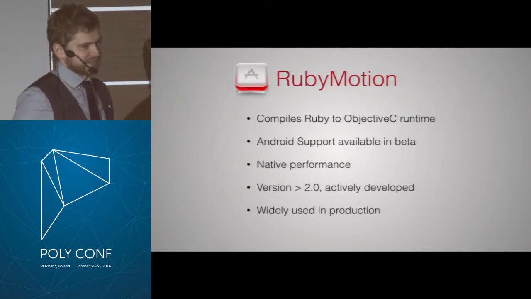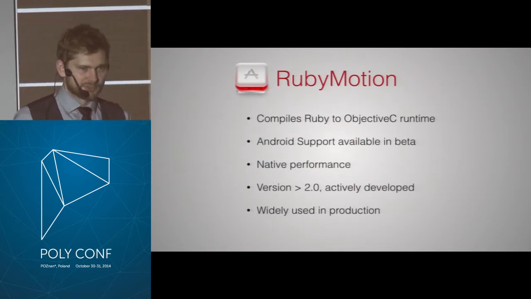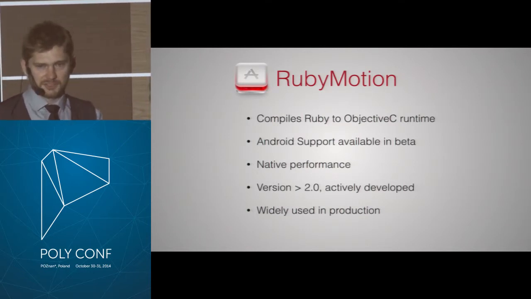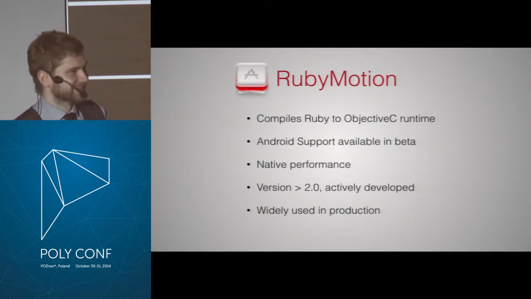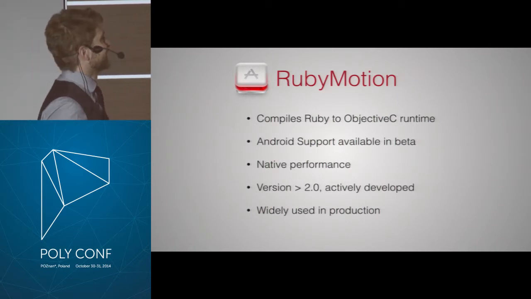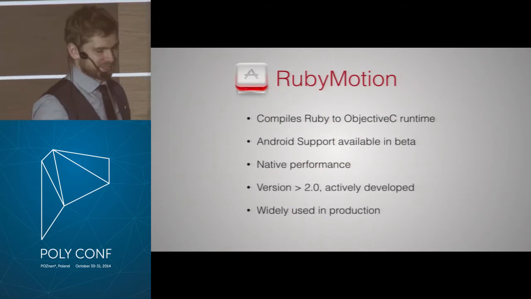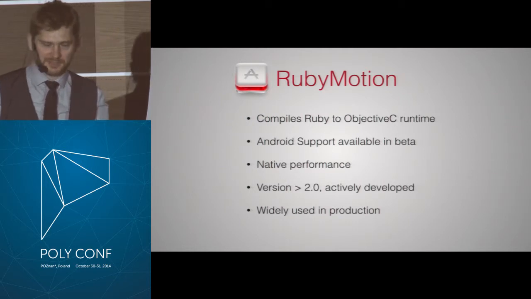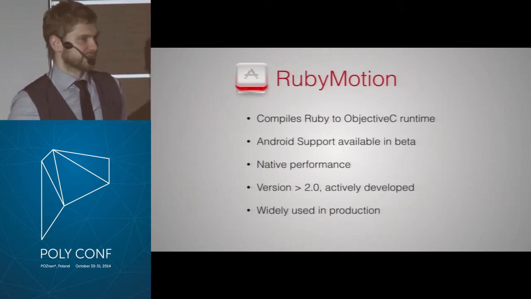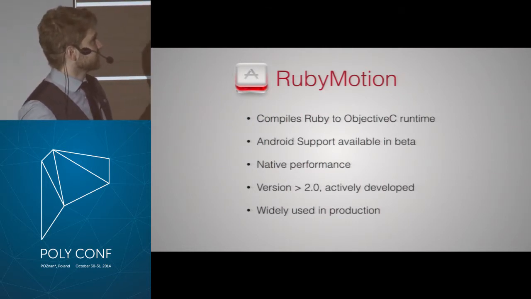One cool fact is that Android support is on the way. Unfortunately, it doesn't compile my application yet. I tried it before, like yesterday, because they are updating it constantly and fixing the bugs currently. It's not ready for production, but it looks pretty good.